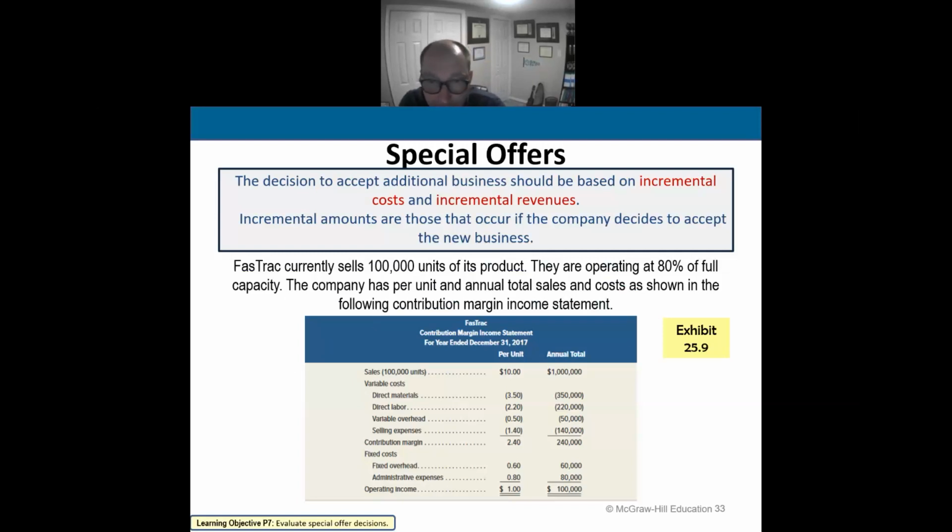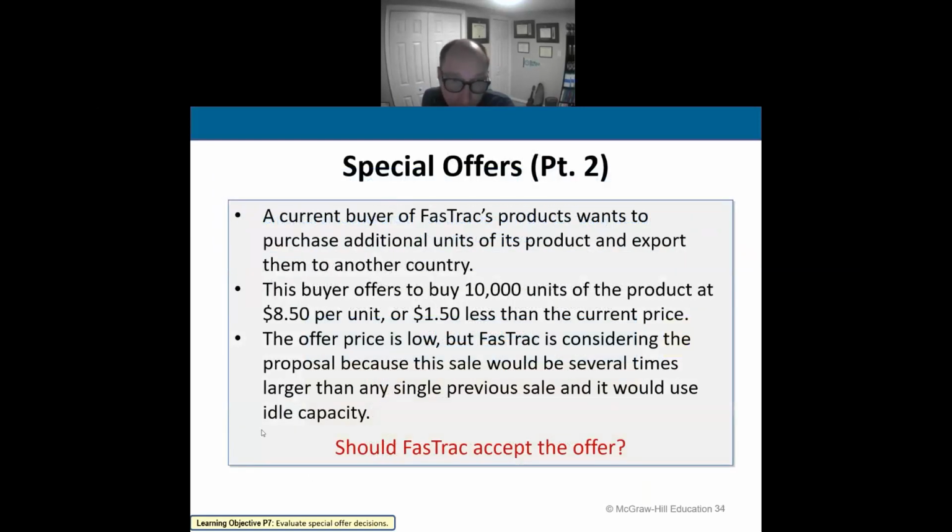We're at 80% capacity currently in our production of wiper blades. We currently sell 100,000 units. Well, that means we got 20% of room available for additional business. If a buyer wants to purchase additional units from us and export them to another country, of course, there will be an additional revenue and an additional expense with that.